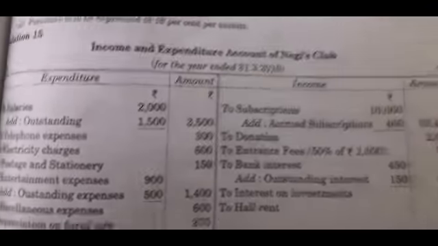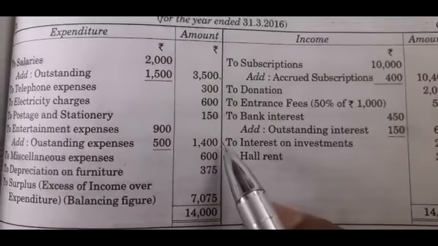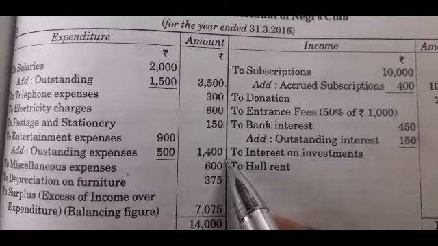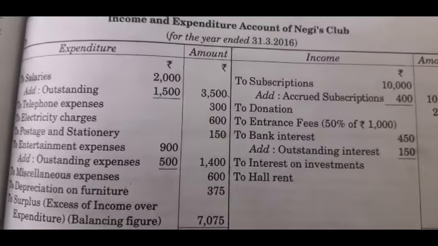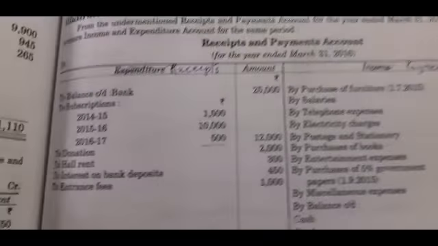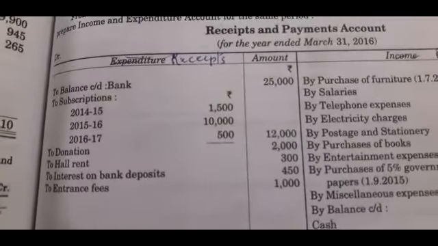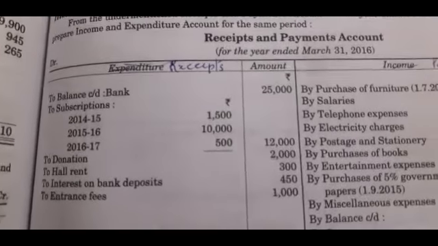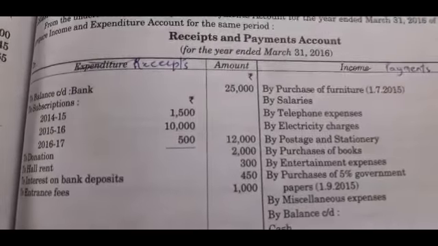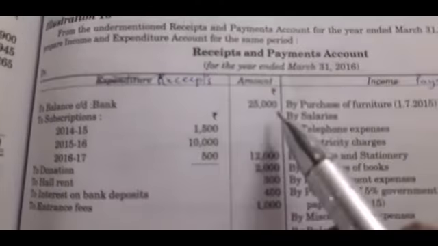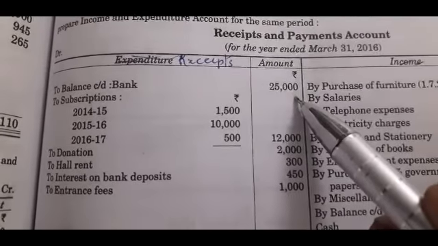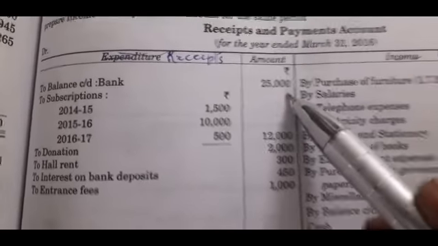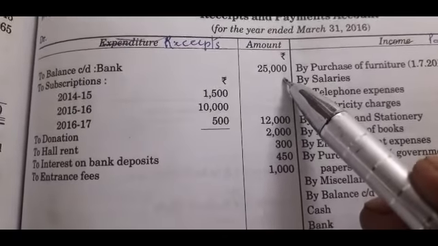To miscellaneous expenses, rupees 600. Now the asset side. First item is to balance carried down, that is the opening balance of bank, 25,000 rupees. This is the opening balance of cash or bank, so it will not be transferred to the income and expenditure account.